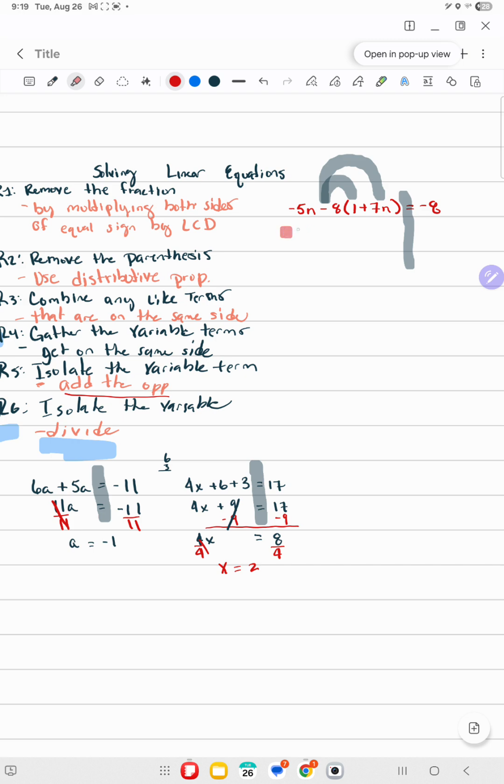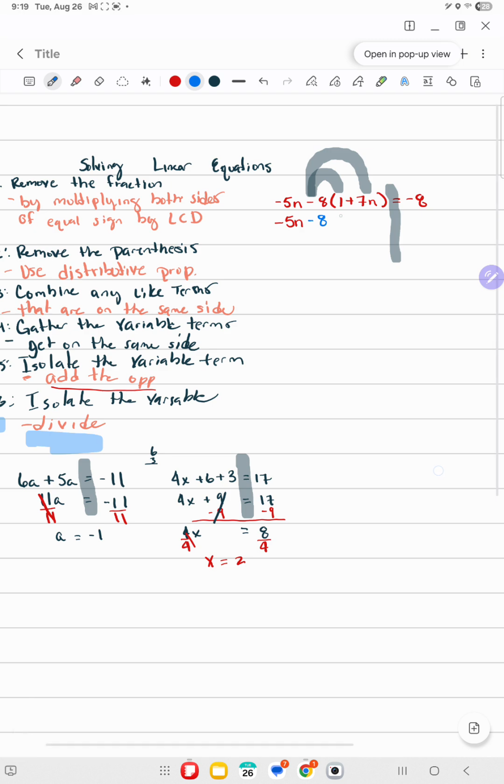Negative 5n comes down, so we won't bother that. But the negative 8 times 1 is negative 8 still. I'm going to change the color of that so we'll see what we did. Negative 8 still there. Now, negative 8 times 7 is how much?